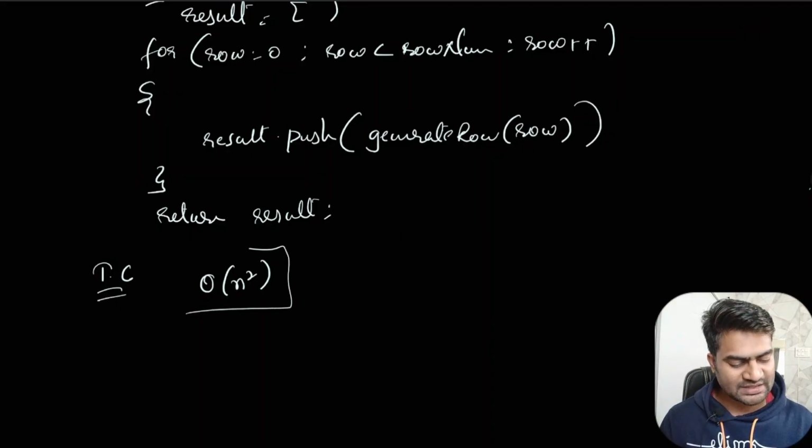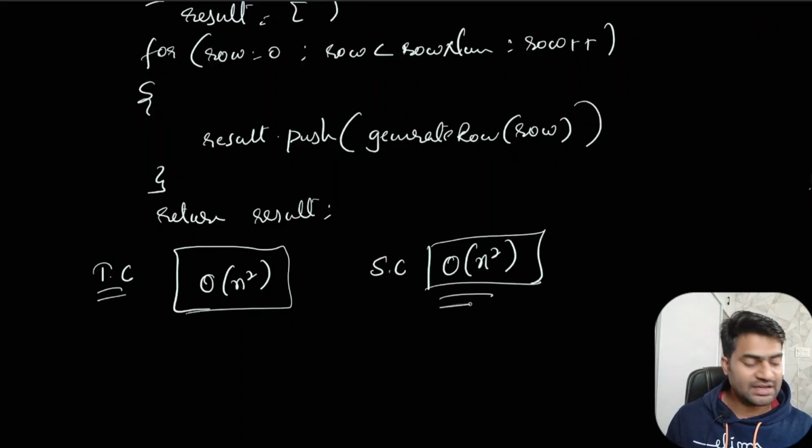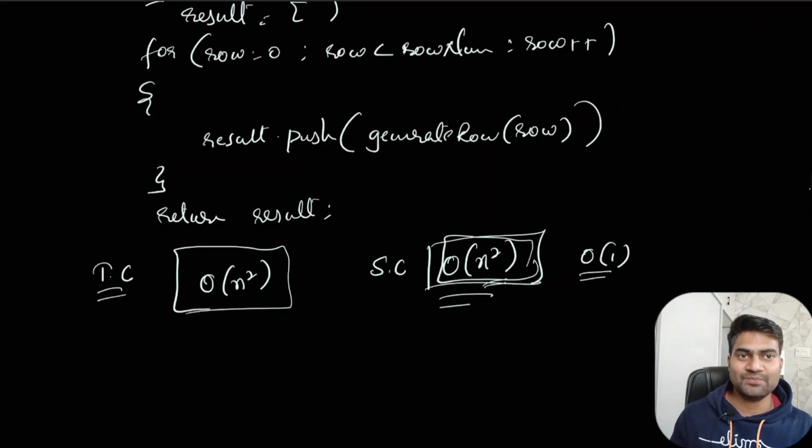Space complexity will be of order n square, because we use an array to store the Pascal triangle. Apart from that, we don't use anything extra. We can also consider it as O of 1, because this O of n square we use only to store the values. Anything should be fine here. You can explain this to the interviewer.